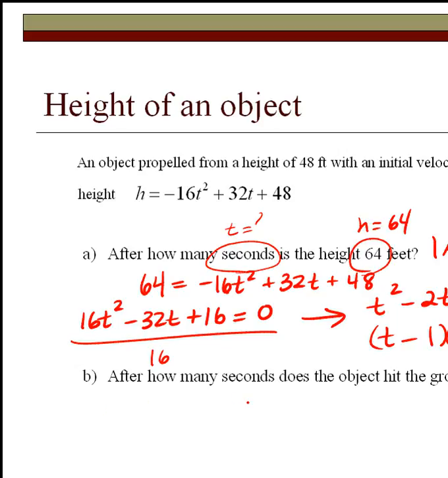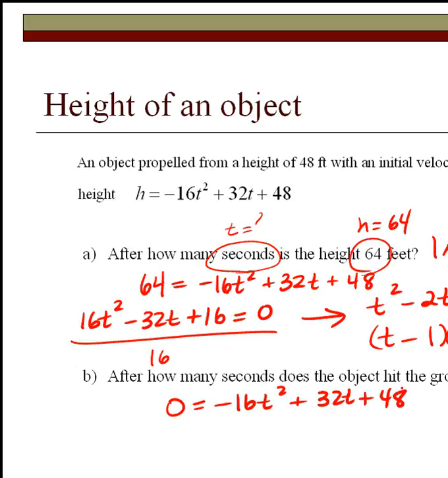The next question is, after how many seconds does the object hit the ground? Well, to hit the ground means the height is 0. And so what we would do there is just plug in 0 for h and solve the equation that results.